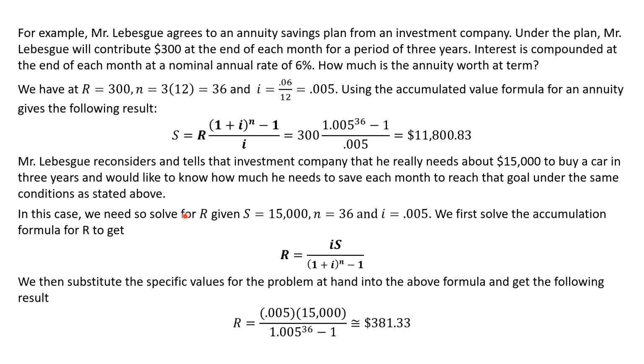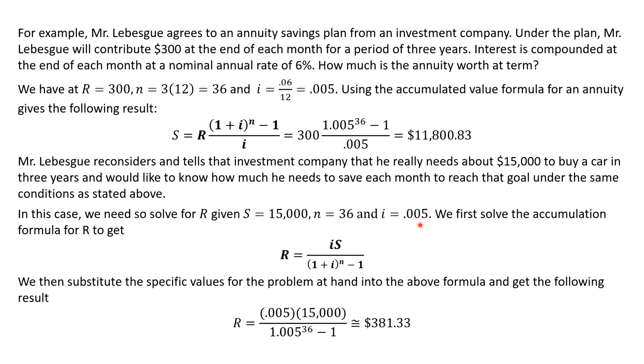So now we're given S, in other words, the final result, which is more than the 11,000, it's 15,000, and we're looking for R. So we just take this part here and multiply it on both sides by the reciprocal. In other words, multiply by i divided by (1 plus i) to the n minus 1 on both sides, and that isolates R.